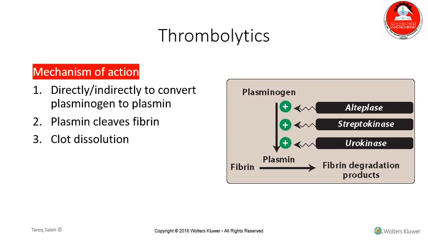So how do thrombolytics work? The thrombolytic agents act either directly or indirectly to convert plasminogen to plasmin, which in turn cleaves fibrin and lyses the thrombus. Several different thrombolytics exist, and they have slightly different ways of activating plasminogen into plasmin, and we will discuss those in a minute.